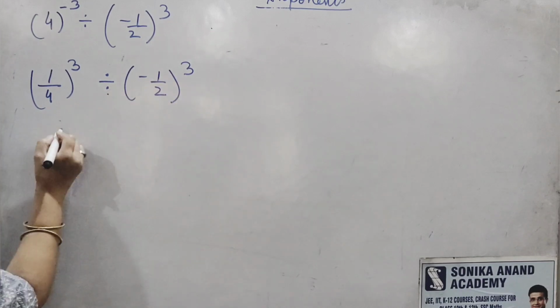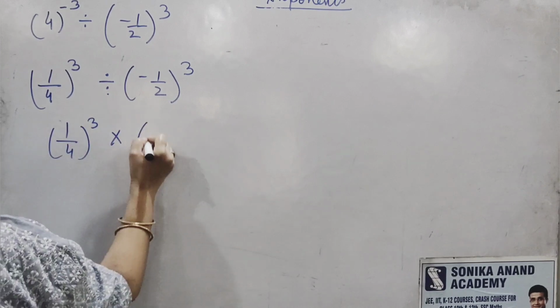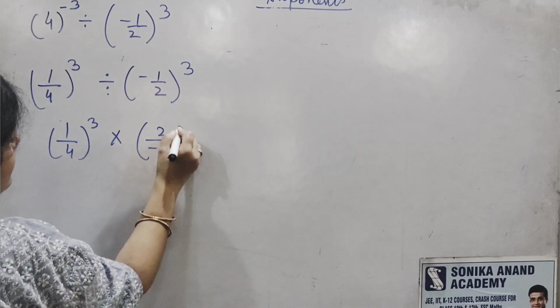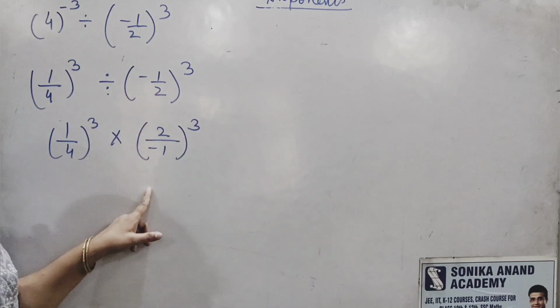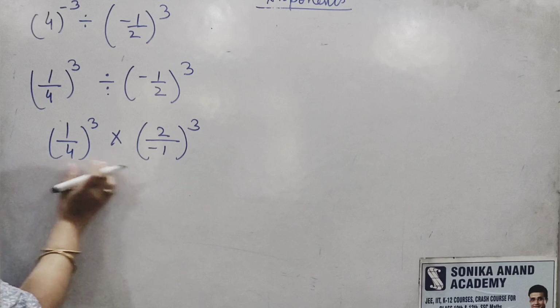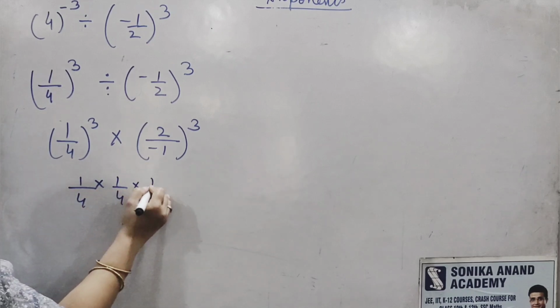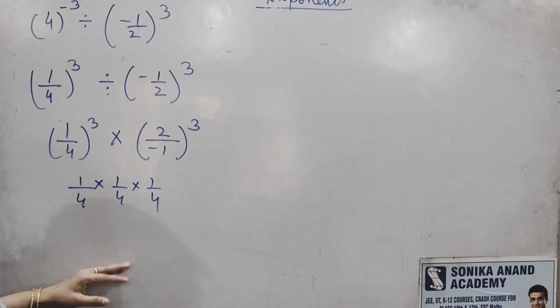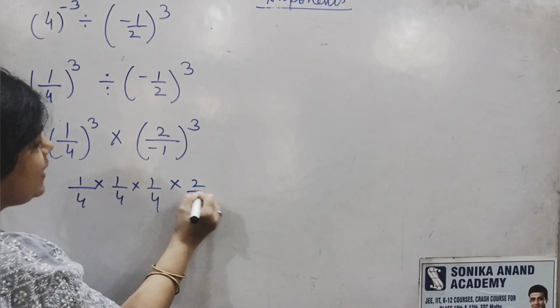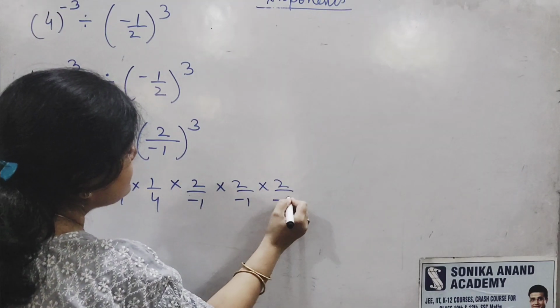Now convert this division. 1 by 4 cubed into 2 by minus 1 cubed. This gets inverted. Okay. Now what will we do? We write 3 times this and 3 times this. 1 by 4, 1 by 4, 1 by 4. Okay. And here 2 by minus 1, 2 by minus 1 and 2 by minus 1.